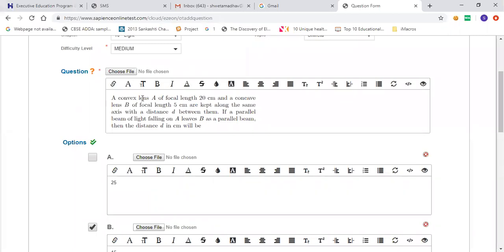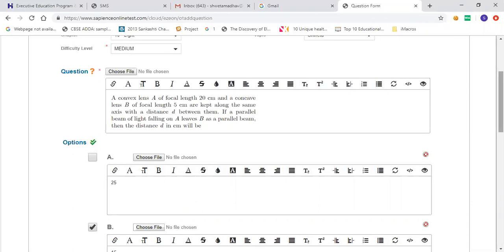Yes, ma'am. A convex lens A of focal length 20 centimeter and a concave lens B of focal length 5 centimeter are kept along the same axis with a distance d between them. If a parallel beam of light falling on A leaves B as a parallel beam, then the distance d in centimeter will be the distance between their optical centers, which we have to calculate.